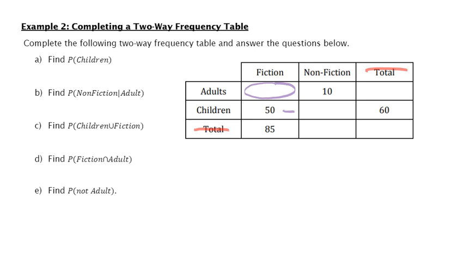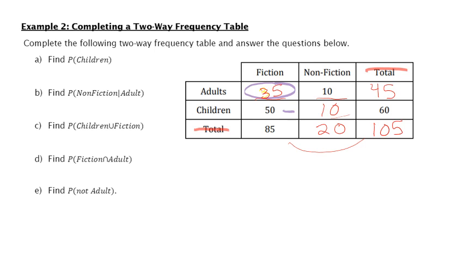So if I do that subtraction, we're going to get this to be 35. If I add this across, I'm going to get 45. If I add it down, I'll get 105. And then I can just do the subtraction to get those other pieces. So really, you're adding and subtracting to get those joint frequencies in there.